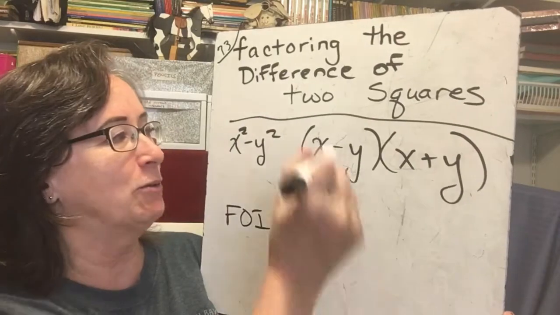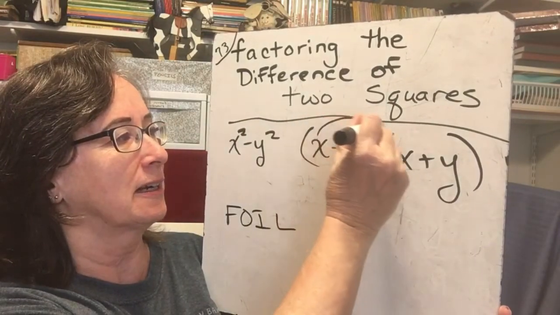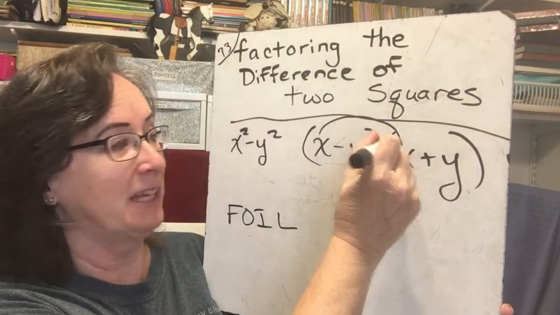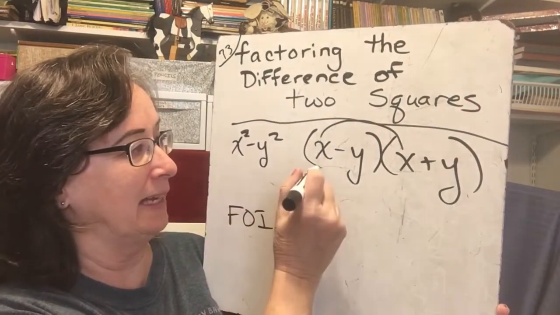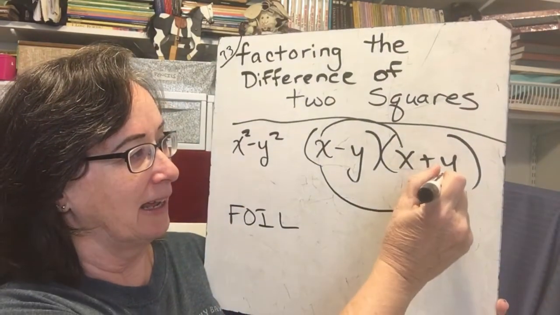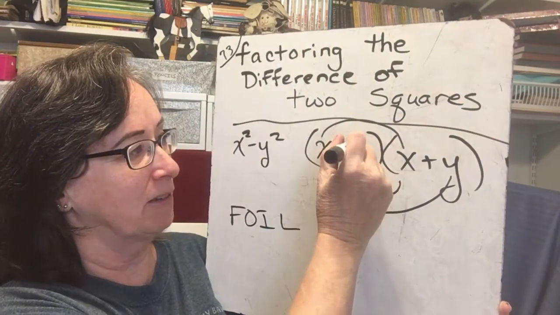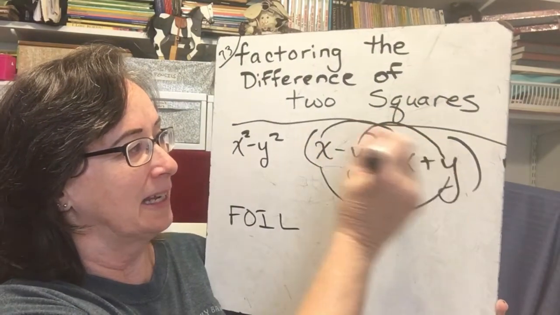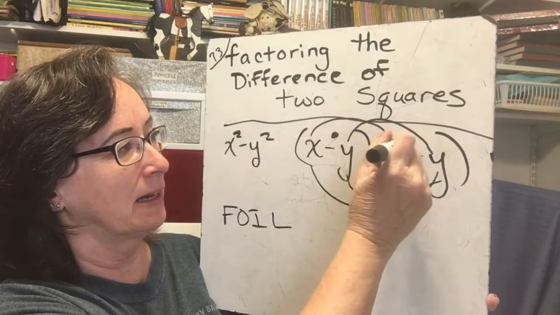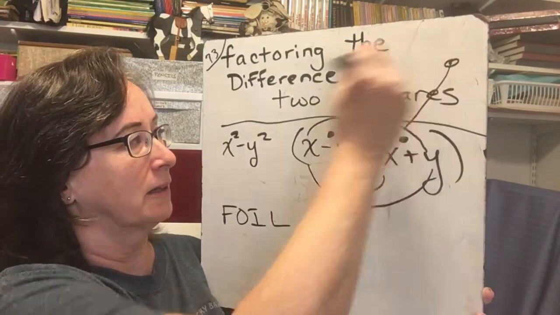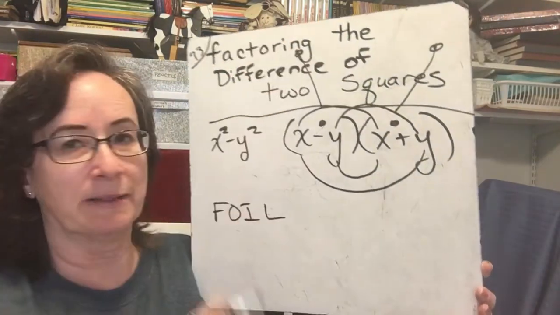But if you take the first and then you take the outside, you take the inside, you take the two last, doesn't he make a cool little Martian?